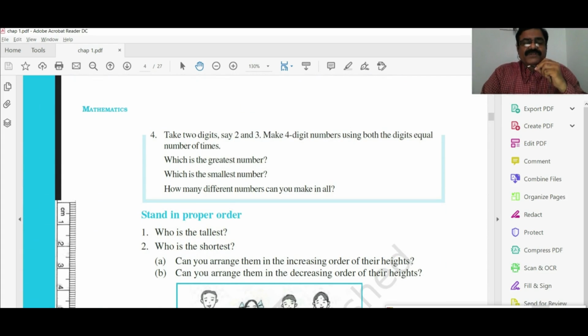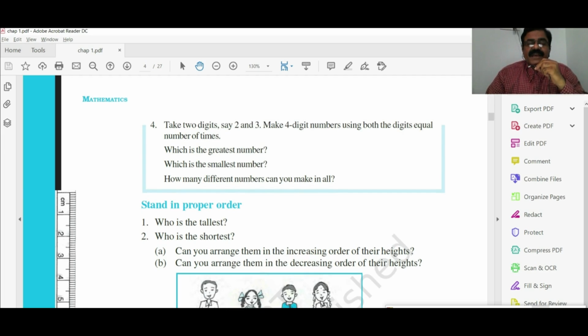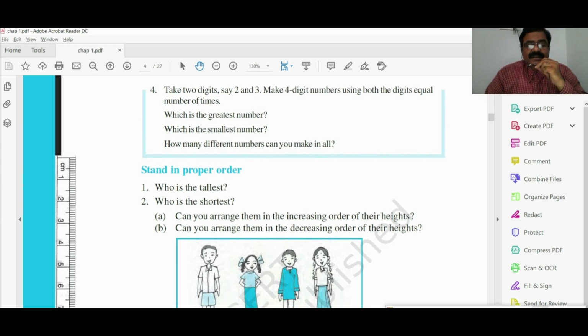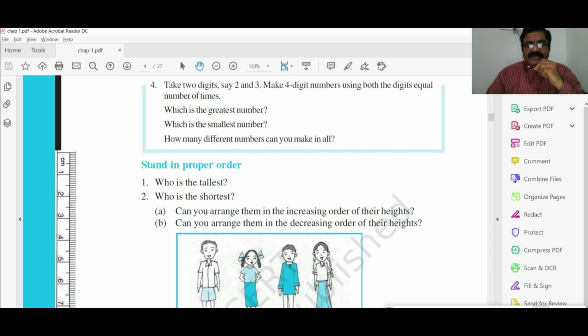Now you see one activity. Suppose you are in class, and in your classroom there are 4 students: Ramhari, Dolly, Mohan and Sasi. You can see in figures, Ramhari is 160 centimeter, Dolly is 154 centimeter, Mohan is 158 centimeter, Sasi is 159 centimeter.